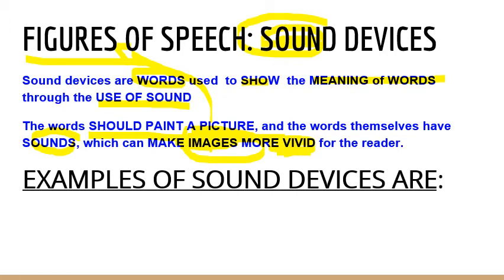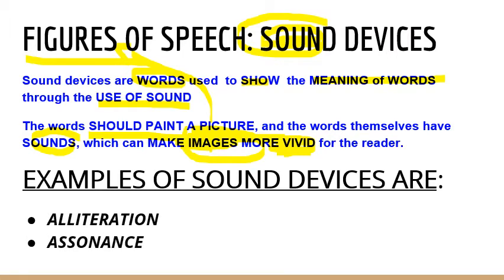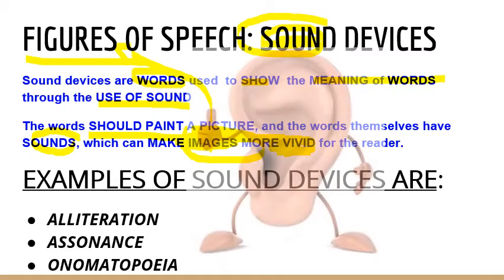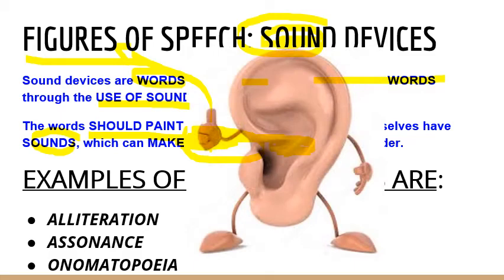So some examples of sound devices that you need to know will be alliteration, assonance, and onomatopoeia. The big thing is use your ears when we are going to look at these figures of speech.